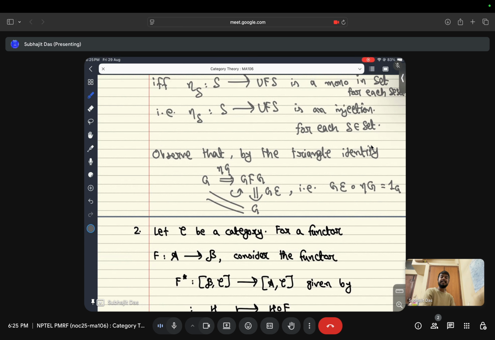So what this means is that as a natural transformation, eta G has a left inverse, right? Which means that eta G is a section, that is eta G is a split monomorphism. So in particular, eta G is a monomorphism.